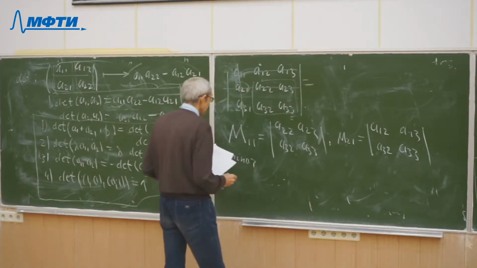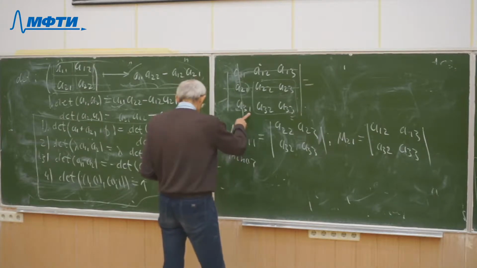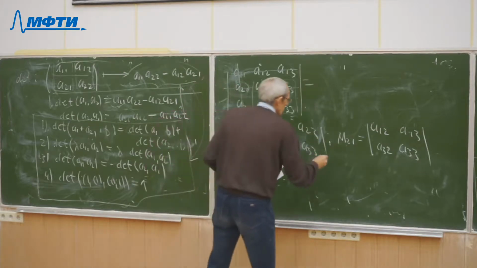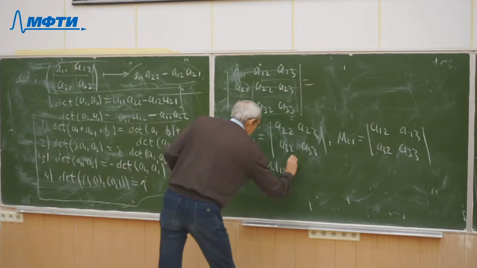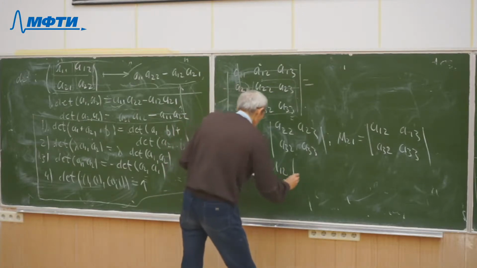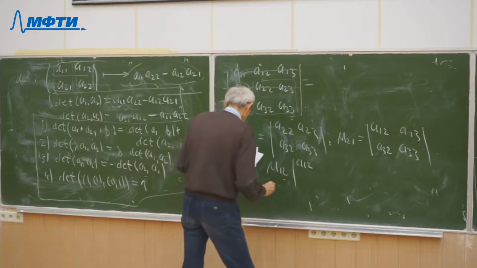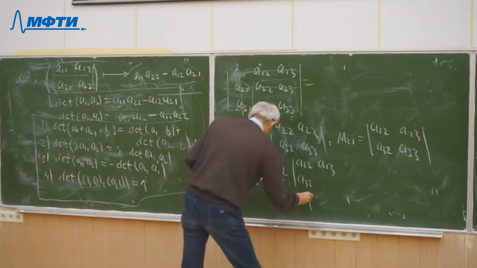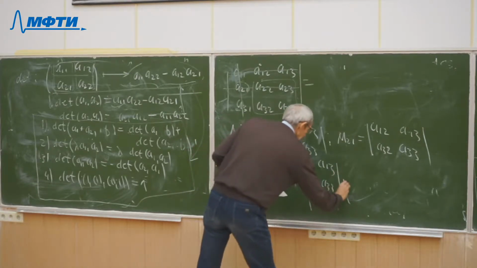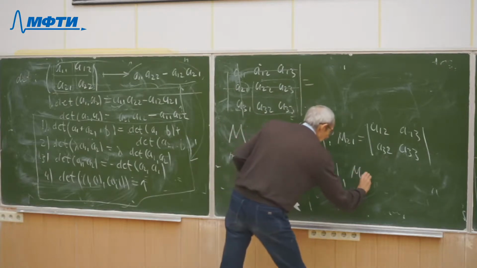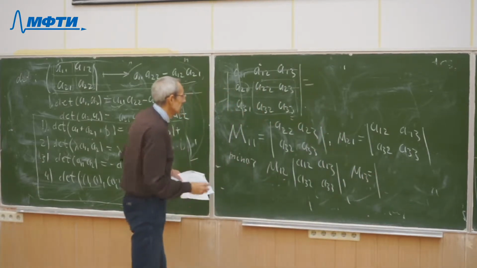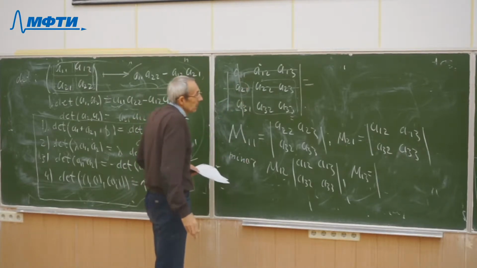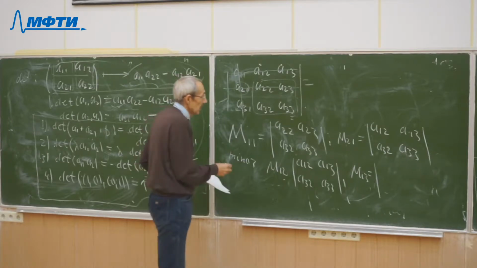And M31. I need only the minors for one of the rows or one of the columns.